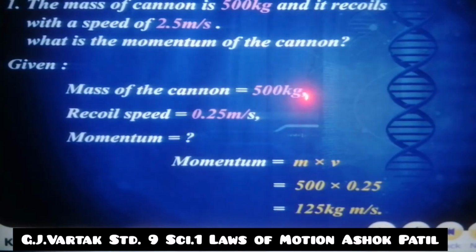Then the multiplication of 500 and 0.25 is 125 kilogram meter per second. Here is the correction, 0.25 meter per second. It is a small example in your book, so you can do the correction from this video.